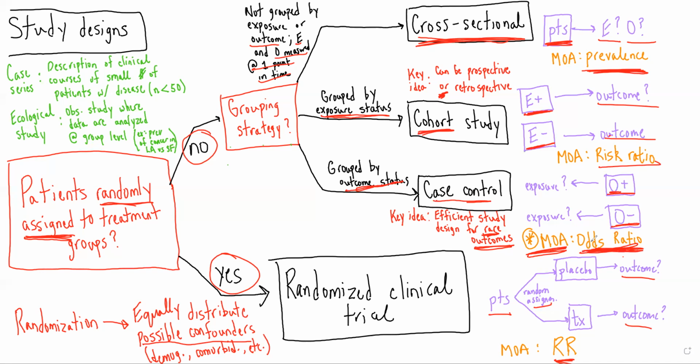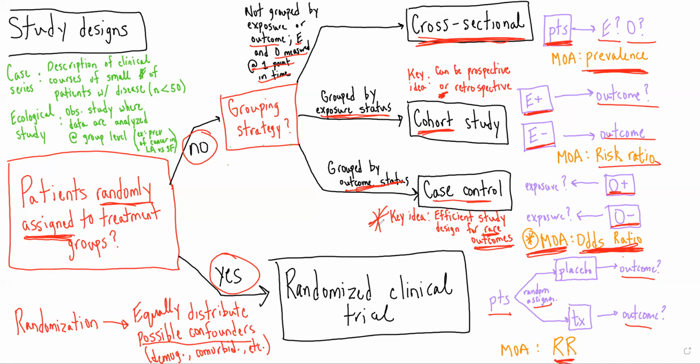And one other fact related to case control studies is that they are a very efficient study design in the setting of rare outcomes. We could imagine if we're looking at a certain cancer, which is seen in 1 in a million patients who don't smoke and 10 in a million patients who do smoke, we could see that smoking plays a big role as to whether the patient gets cancer or not.